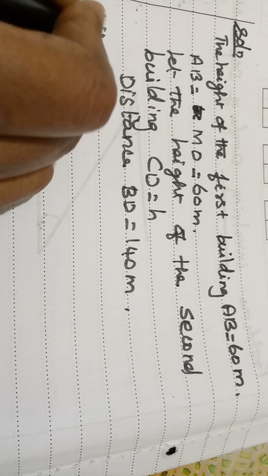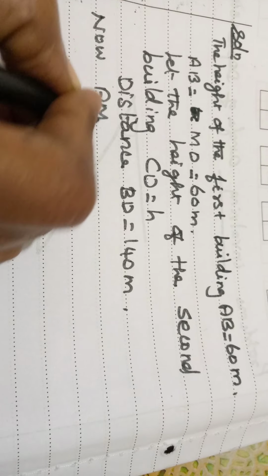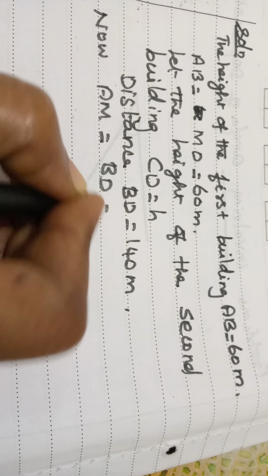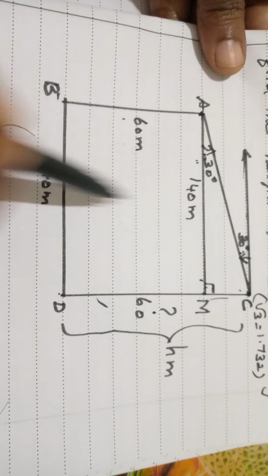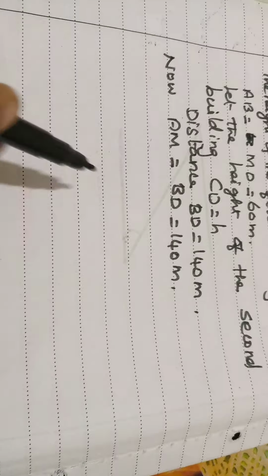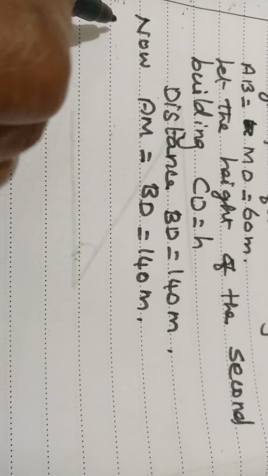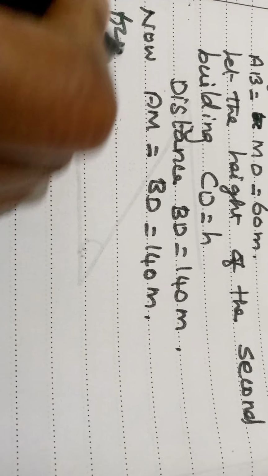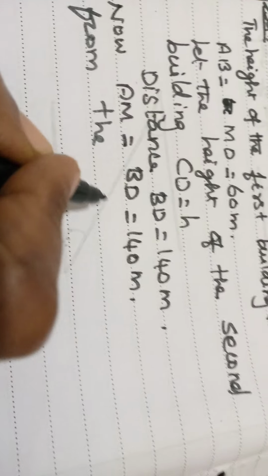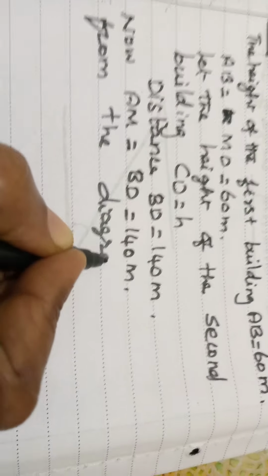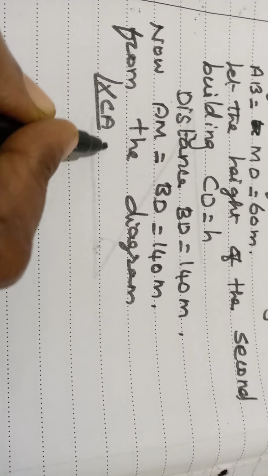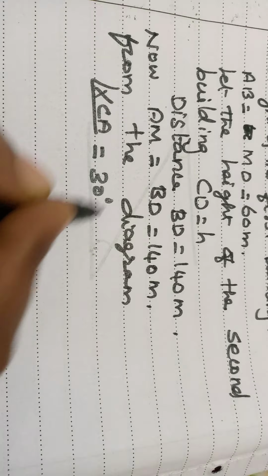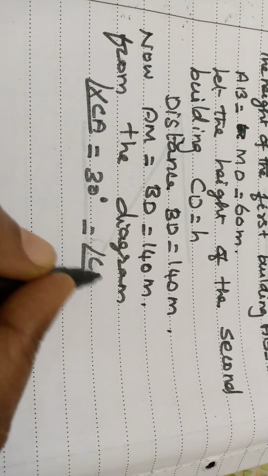Now AM equal to BD is equal to 140 meter. So BD is 140, so AM also will be 140. Both distances will be equal. From the diagram, angle XCA equal to 30 degree, which is equal to angle CAM.